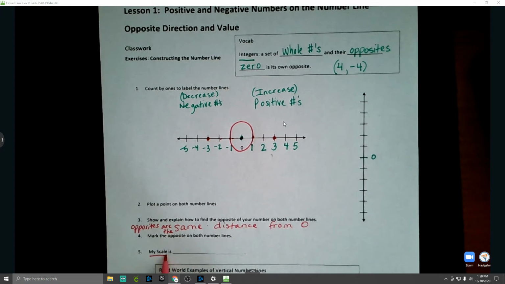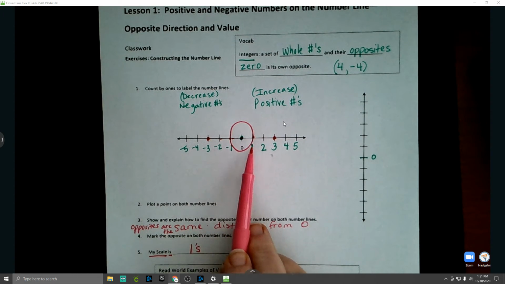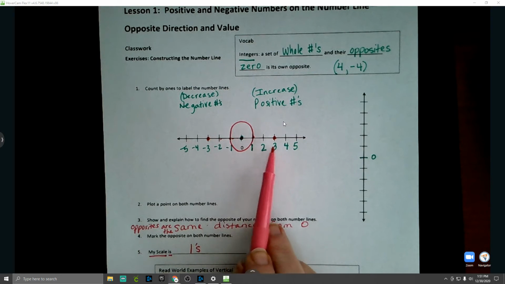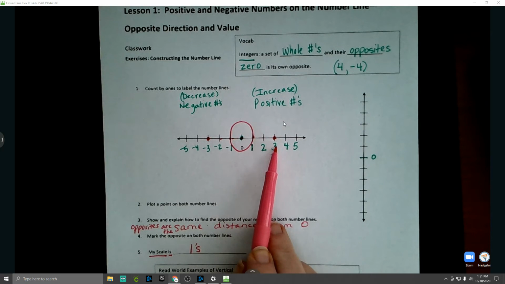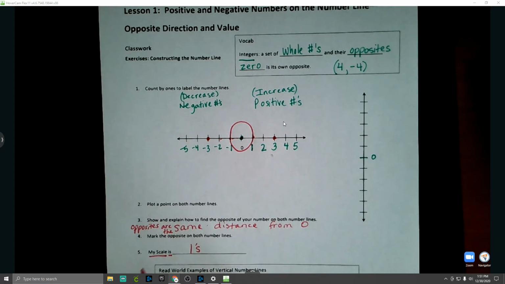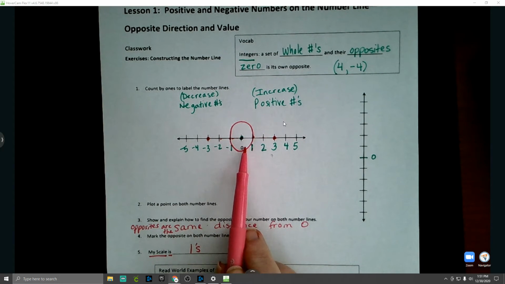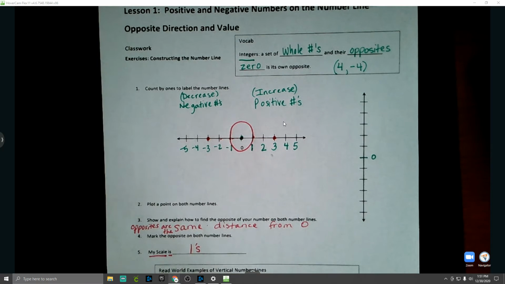My scale is by ones. So we were counting by ones. Sometimes students count by 2, 4, 6, 8, 10. Sometimes a scale might be 5, 10, 15, 20, 25. So that would be a scale of 1, 2, or 5, depending on which one you were doing.